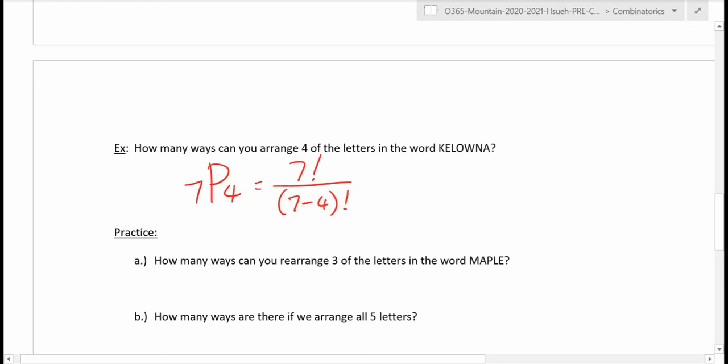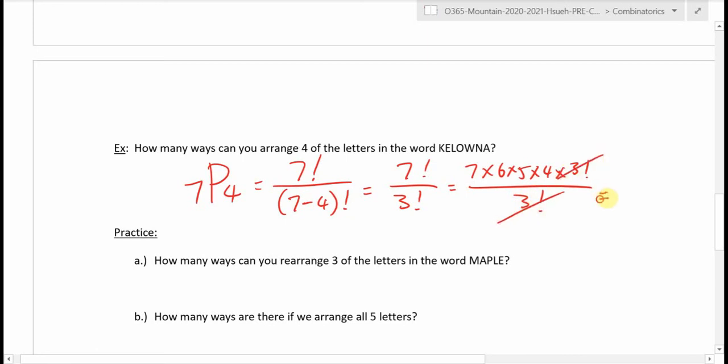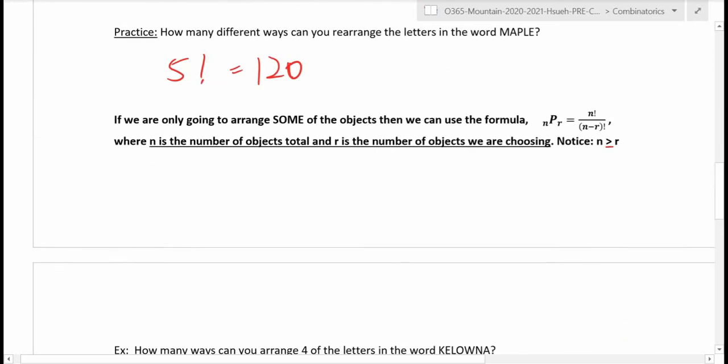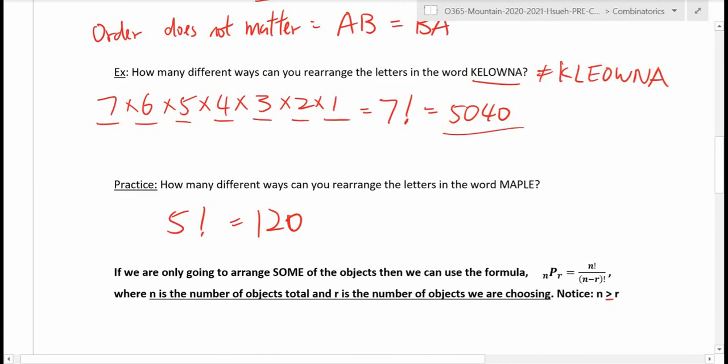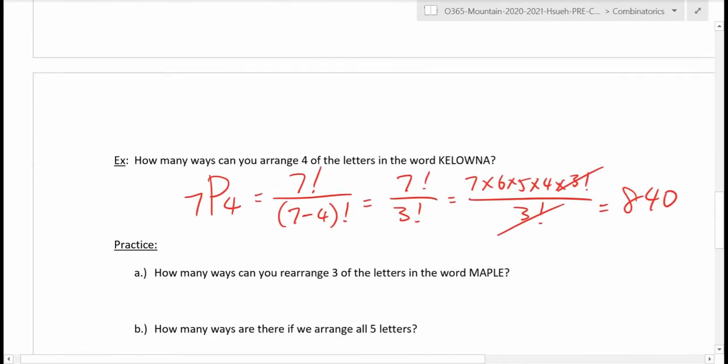This is 7 factorial divided by 3 factorial, which is 7 times 6 times 5 times 4 times 3 factorial divided by 3 factorial. You can cancel them out. If you put this into a calculator, you should get 840. That is definitely less than using all 7 letters, since we're only using 4.